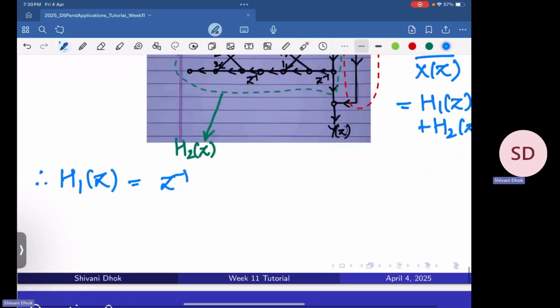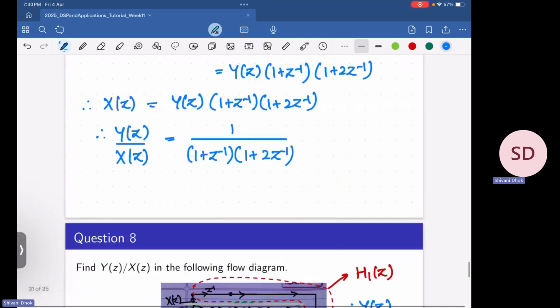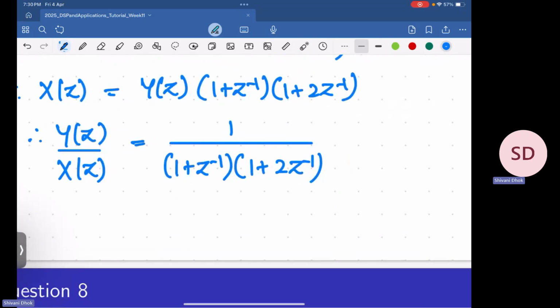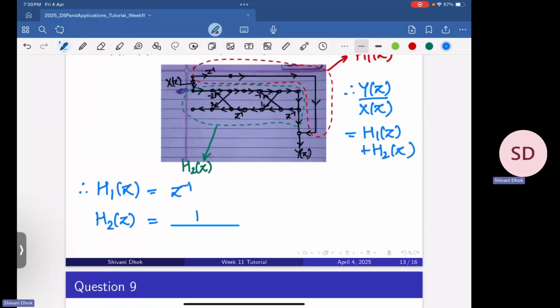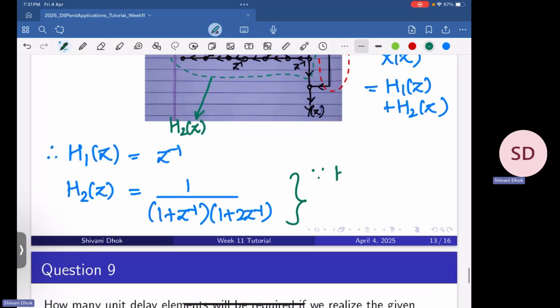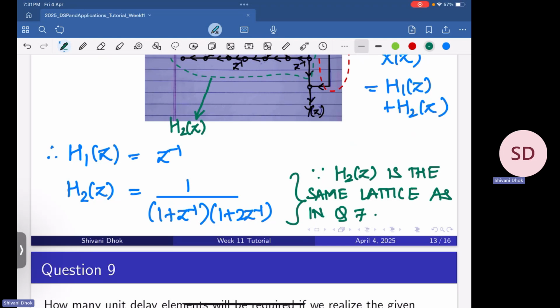So this green part, h2 of z, is equal to the system equation we obtained in the previous question, which is 1 upon 1 plus z inverse into 1 plus 2z inverse. This is true since h2 of z is the same lattice as in question 7.